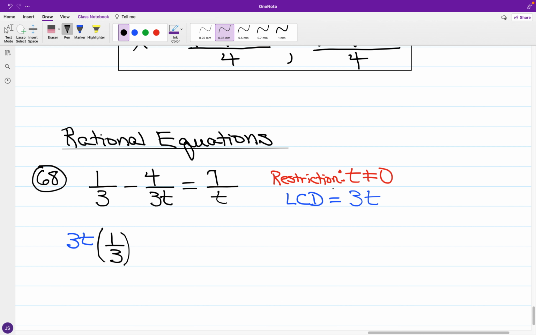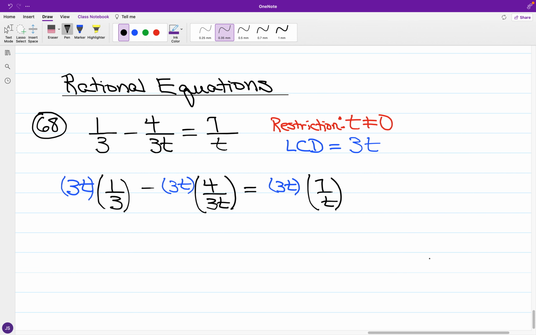And if I multiply all the terms by 3t, we have 3t times 1/3, minus 3t times 4 over 3t, is equal to 3t times 7 all over t.